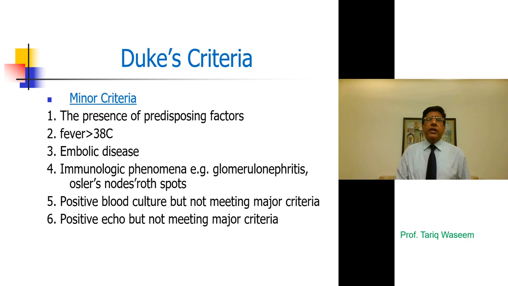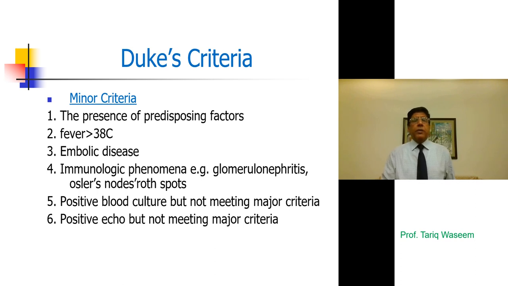The minor criteria are that there should be predisposing factors, like the patient may have an underlying lesion, or may have undergone a procedure which predisposes to infection, like dental procedures, urinary catheterization, or IV injections.